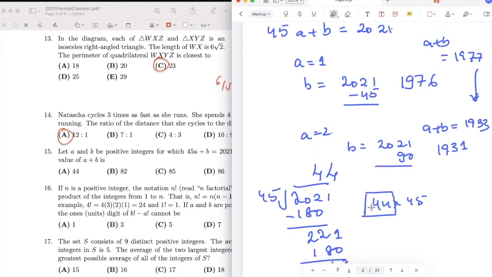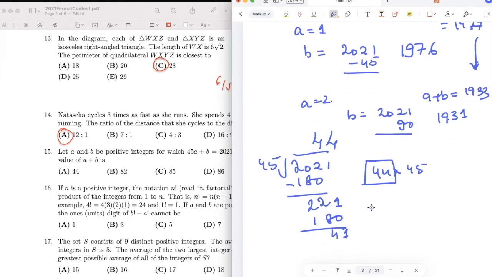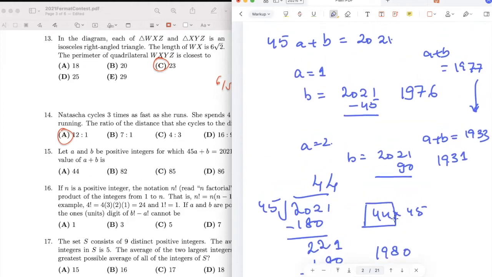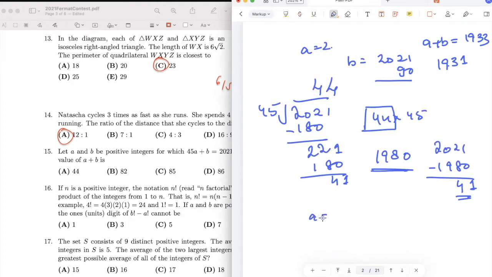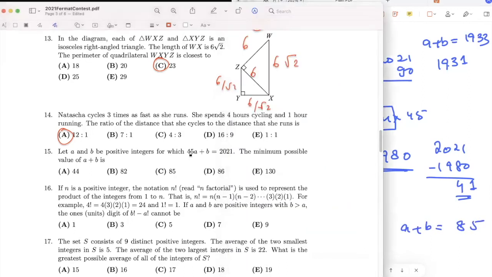A should be 44. So what is 44 into 45? 180, 0, carry 18, 1980. So I reach 1980. So what is B? 2021 minus 1980. So that's 41, right? So A is 44 and B is 41. So the minimum possible value is 85. Option C.